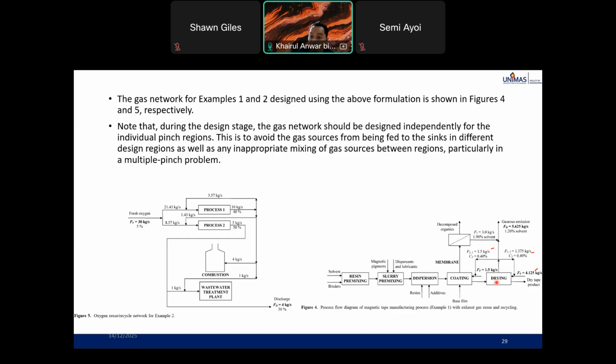So the sum is equal to the 5.5 required by the dry, as the sink is for the cycle.